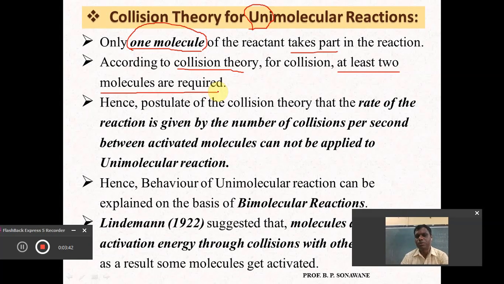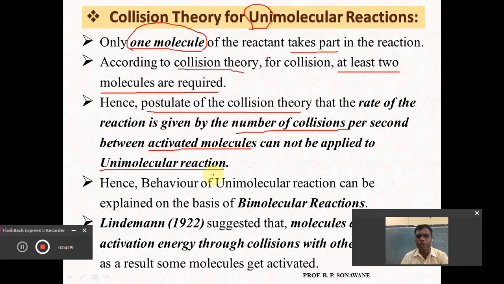This is the important thing here. According to collision theory, for a collision at least two molecules are required, and hence the postulate of collision theory that the rate of reaction is given by the number of collisions per second between activated molecules cannot be applied to unimolecular reaction.